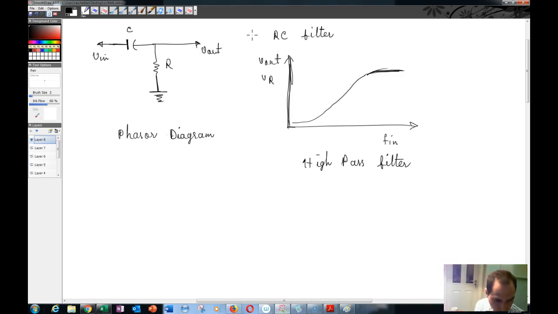Okay, so for the phasor diagram for these circuits, you have to use a simple vector diagram, and that's something like this.